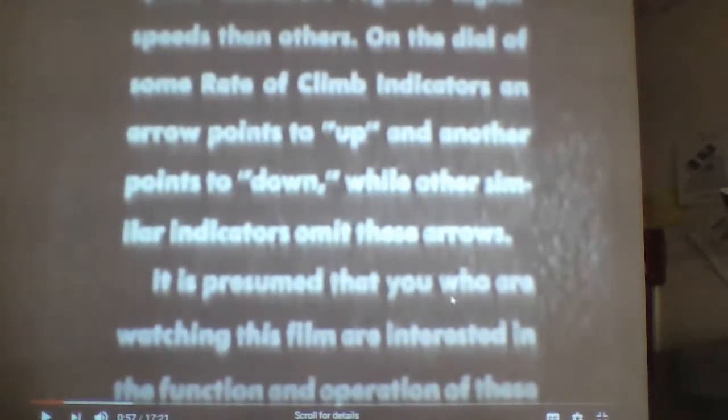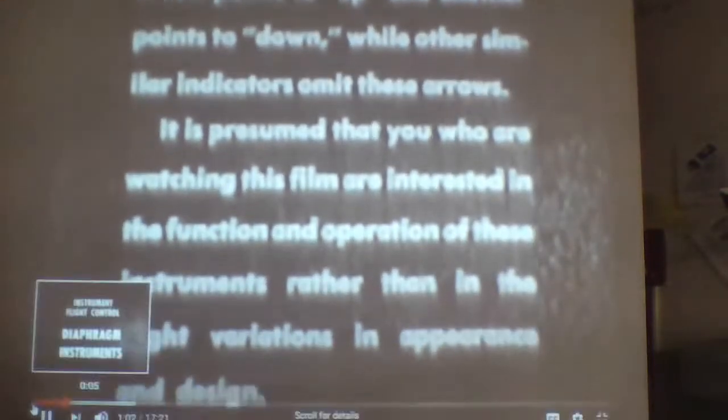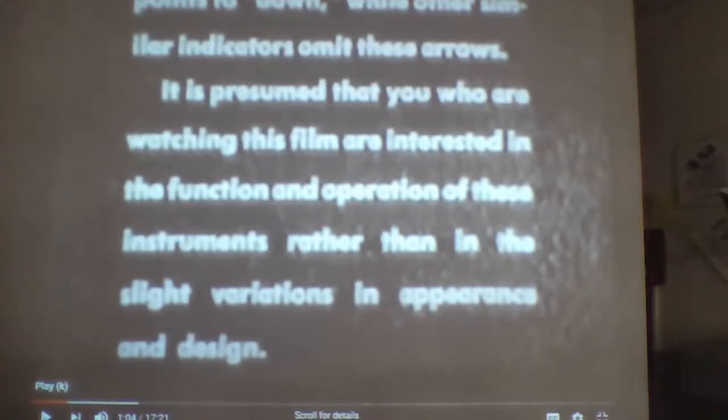It is presumed that in this film, you are interested in the function and operation of these instruments rather than in the slight variations in appearances and design.